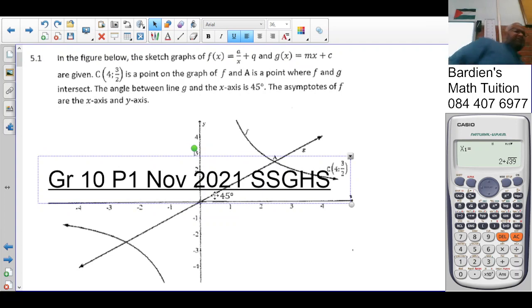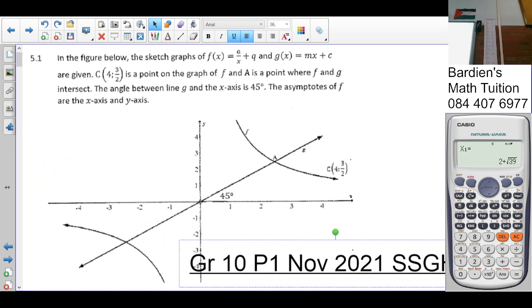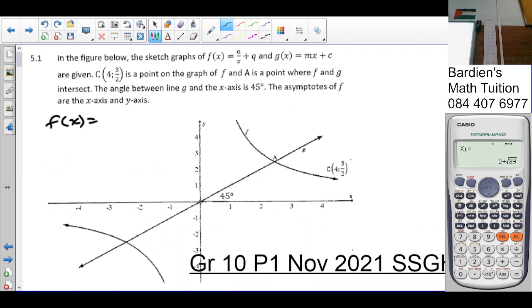So we are told that in the figure below, the sketch of the graph of f of x is equal to a over x plus q, whilst g of x is equal to mx plus c. C is 4, and 3 over 2 is a point of the graph of f.